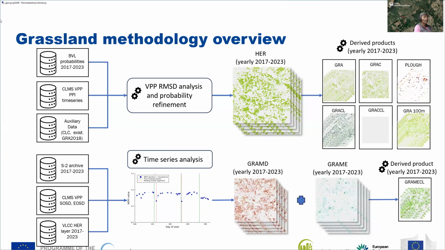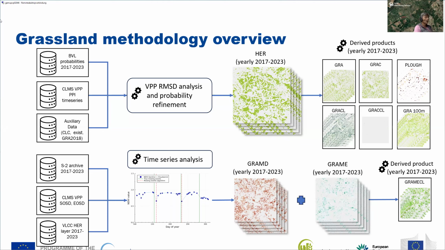For the grassland herbaceous grassland change in plowing indicator, this is the first row here. We use the BVL probabilities. The BVL is the layer used for this harmonization. Christian already presented a bit earlier.